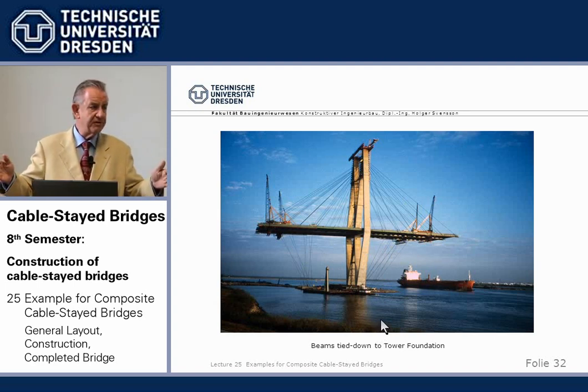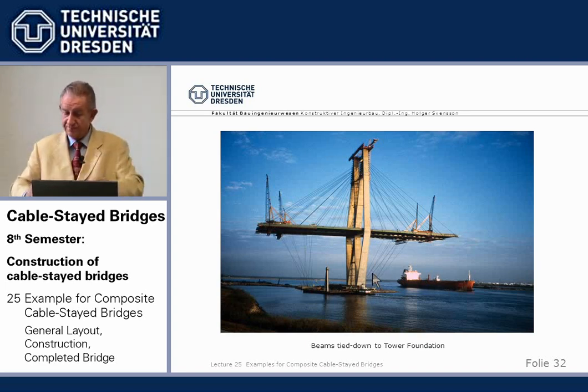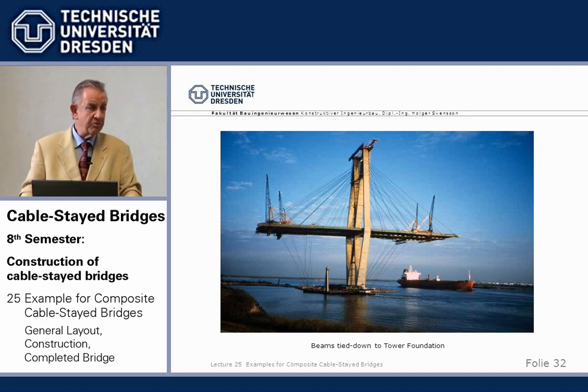when the bridge is most vulnerable. And so we see here tie downs to the tower foundation. Eccentric it has to be, so there were some additional piles, and in transverse direction it's inclined against torsion. And with this it worked.